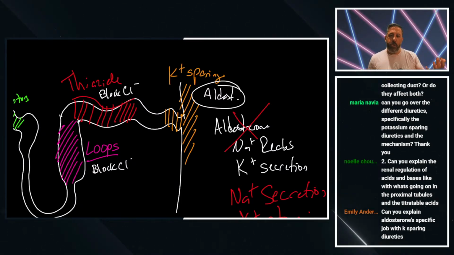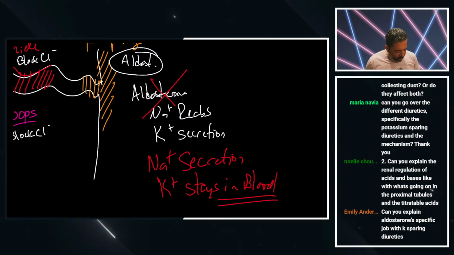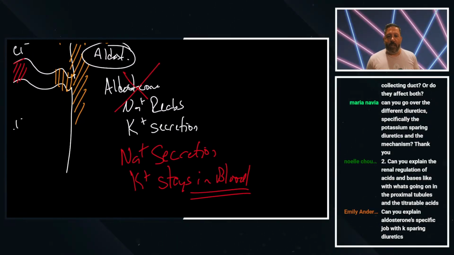So those you lose potassium because of the shutting down of the entire co-transporter. With the effect of aldosterone, it's considered potassium sparing because it blocks the effect of aldosterone. We're going to keep the sodium in the filtrate, in the tubules, in the urine. If the sodium stays there, the water is going to stay there as well. And with the water staying there, it acts like a diuretic.